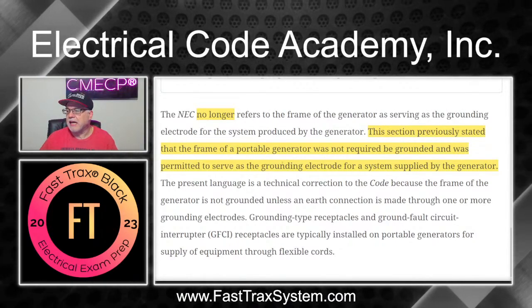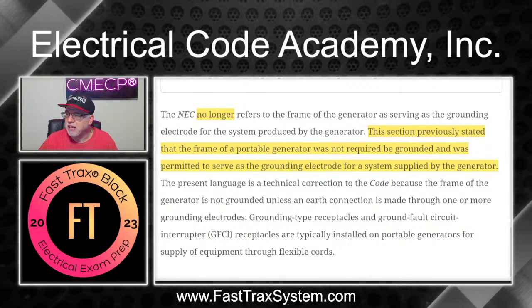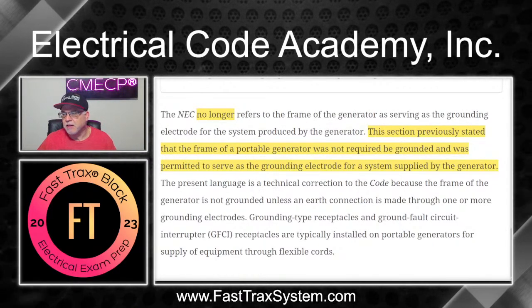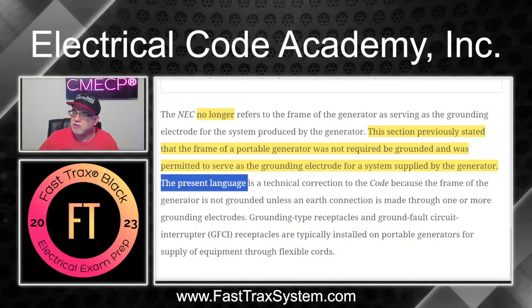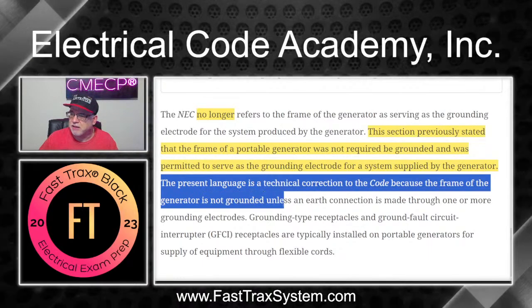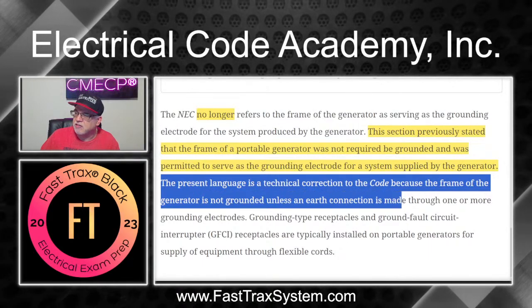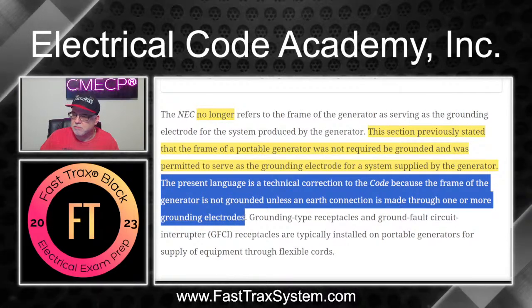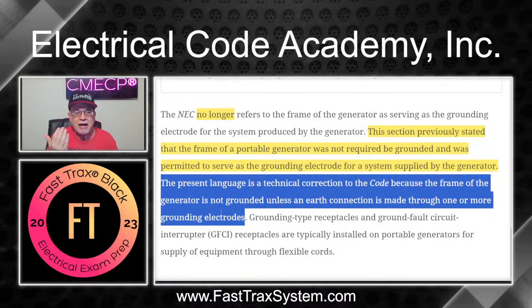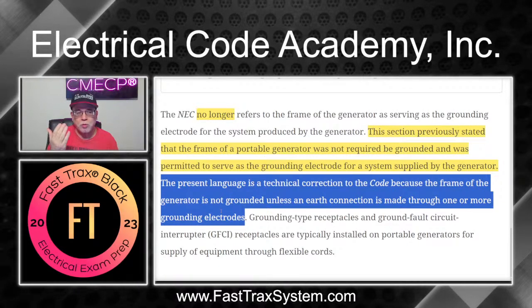Okay, so again, this is a statement that might have been used in the past, but it's been clarified. So it says the present language is a technical correction to the code because the frame of a generator is not grounded unless an earth connection is made through one or more electrodes, grounding electrodes. And we just saw that they're not required on specific portable generators that meet the conditions.